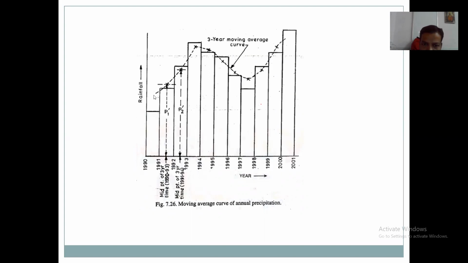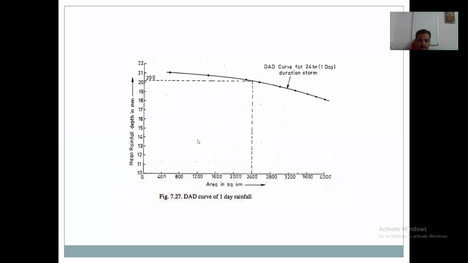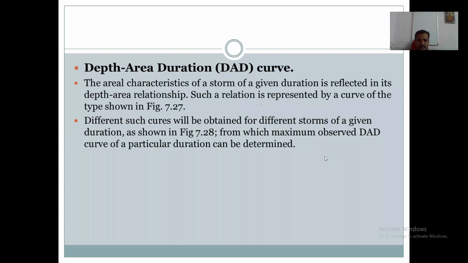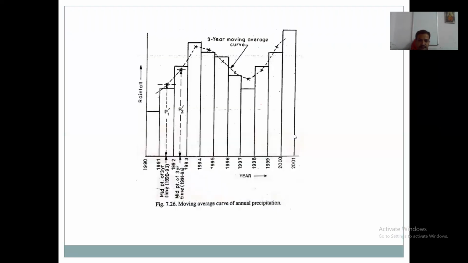What do we call it? 3-year moving average curve. For every 3 years, that midpoint is plotted in this graph. The midpoint is shown here. So this is the moving average curve of annual precipitation. Understood?